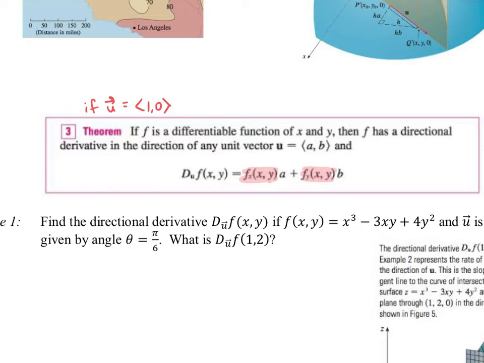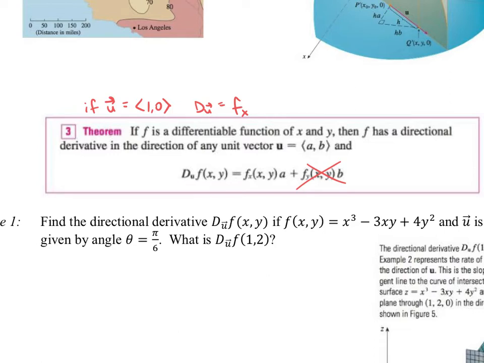It would just point along the positive x. In our formula, I'm going to erase these two parts that I highlighted. If that's the case, this is gone, and we are simply left with the directional derivative f sub x, multiplied by 1, of course. That's really what we've calculated with regard to the rate of change in the positive x direction.